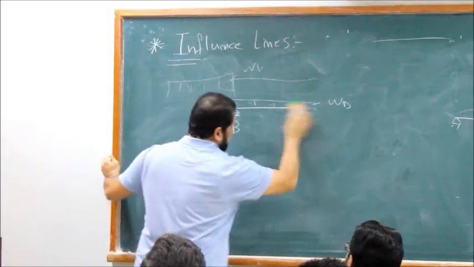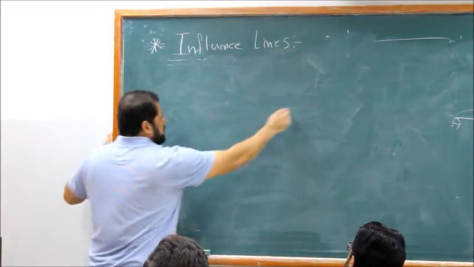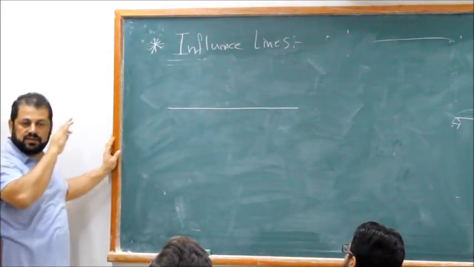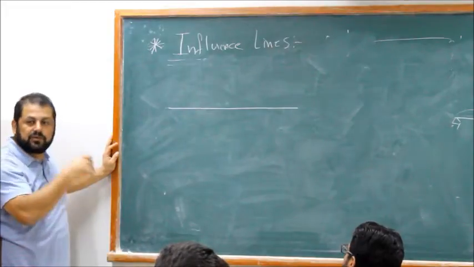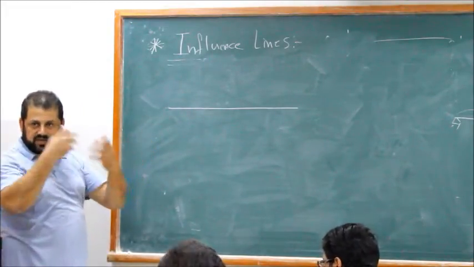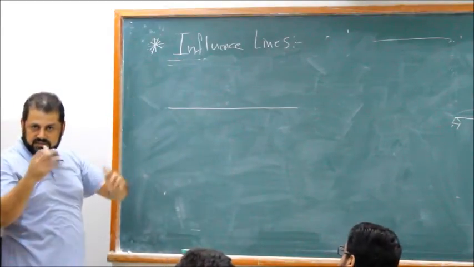Next lecture, Sunday, we will learn the fundamentals, just touch. What's the shape? Most importantly, qualitative, meaning the general shape of the influence line for a statically indeterminate structure. Just some guidelines.